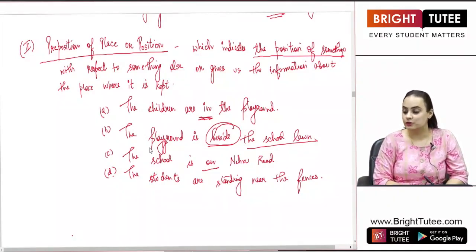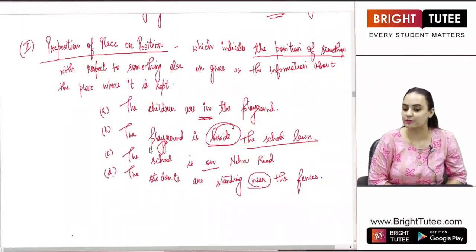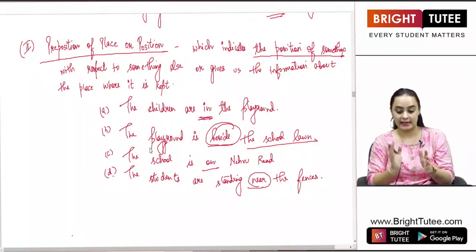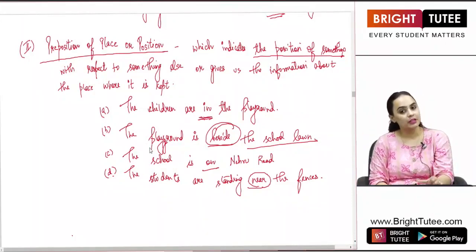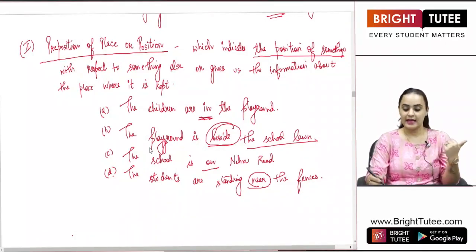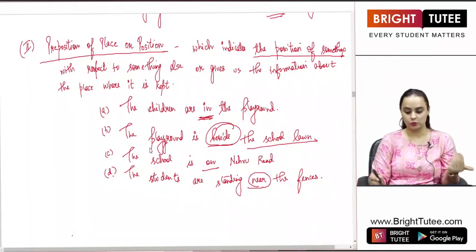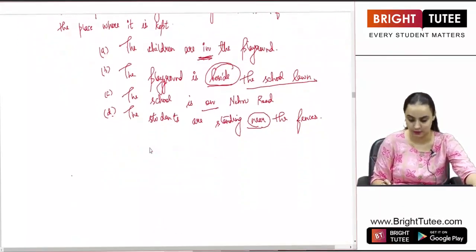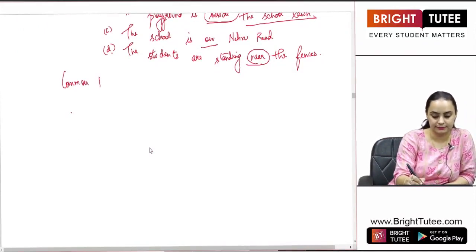So where are the students standing? Near the fences. So what is my preposition of place? Near. So these four sentences tell us how to identify a preposition of place. Something which is going to tell you about the place, the position of something. In the playground, beside the school lawn, on the Nehru Road, near the fences, and so on and so forth. Now, what are the most common prepositions of place?